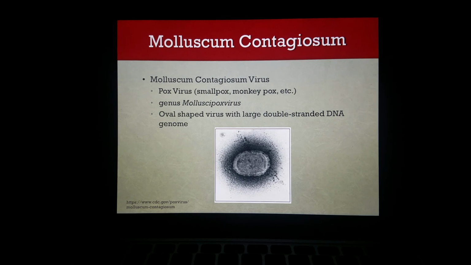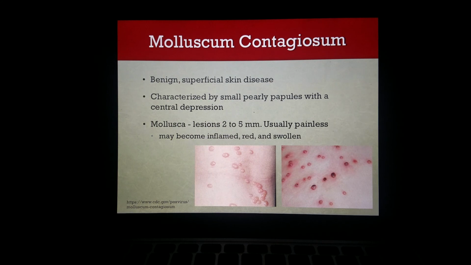It's oval shaped. It's got a pretty large double-stranded DNA genome. Pretty common. So it is benign. It's superficial. It's only in the epithelial cells, and it's characterized by the little bitty bumps, and they have a little depression on the top of them.